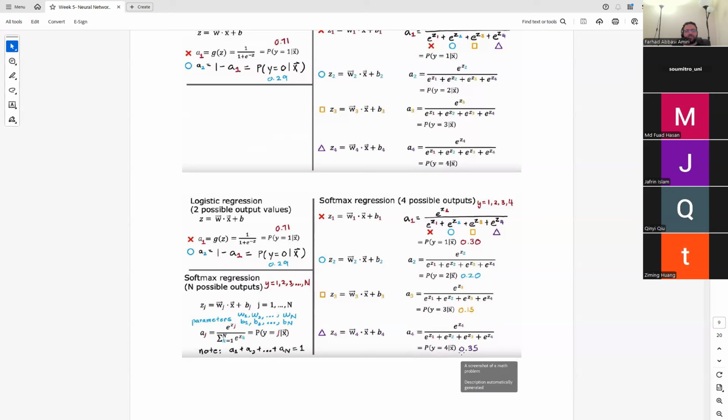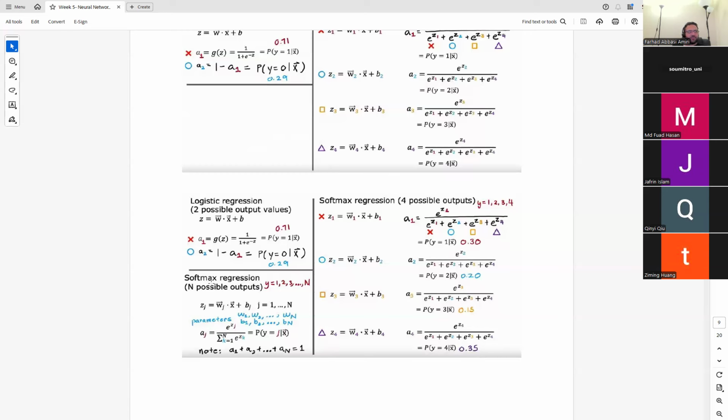It must be 0.35. How can I calculate this 0.35 if I have the probabilities of the previous three classes? Because based on statistics, the probabilities of these four, if you add them together, should be 1, right? So for calculating the probability of the last one, we can calculate it using 1 minus 0.3 minus 0.2 minus 0.15, and you get 0.35.